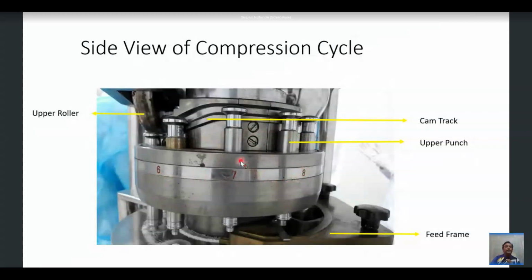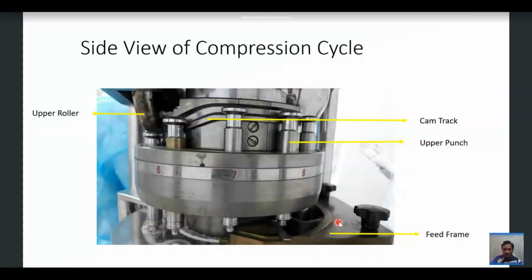For example, this one is punch set 6 at station 6. This is punch set 7, punch set 8. Based upon the number, you can tell at what station that punch set is. So in later cases, if any problems arise, you can identify at which particular station the problem is arising. That is about the punch station numbering.